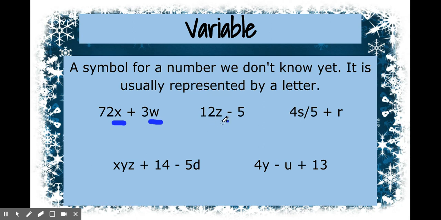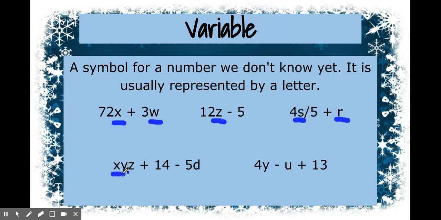Here I have 12z minus 5. Well, z is my letter that represents an unknown value. Here I have 4s divided by 5 plus r. Well, I have s, which represents an unknown value, and r, which represents another unknown value.